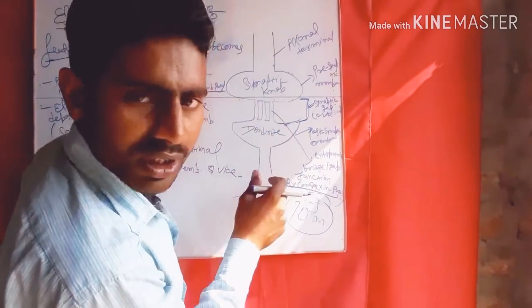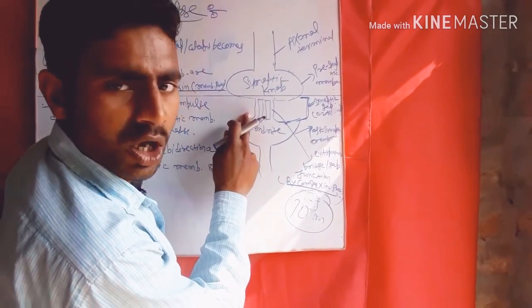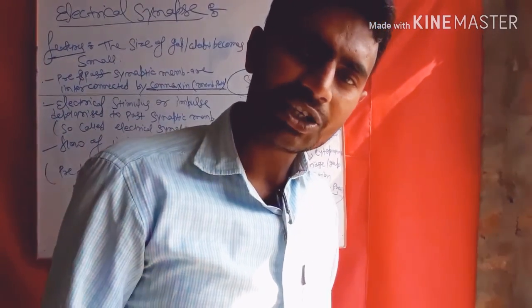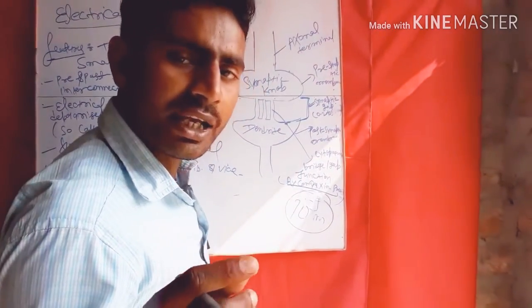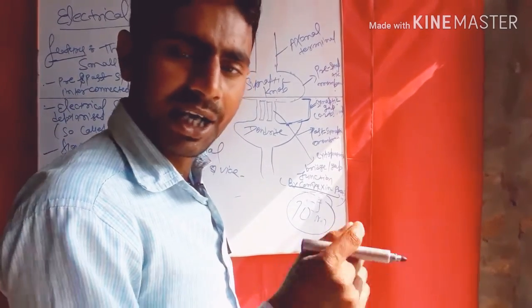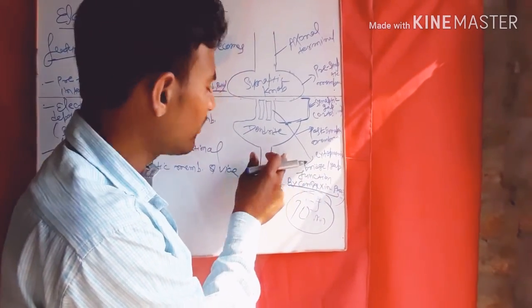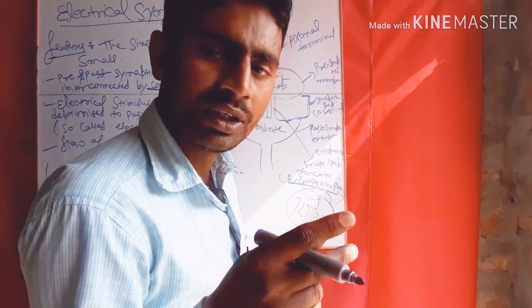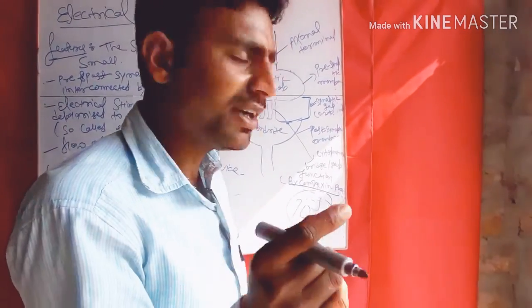At the terminal part of the first neuron, the synaptic knob is present. At the head part of the other neuron, on the surface of the cyton, dendrites are present.